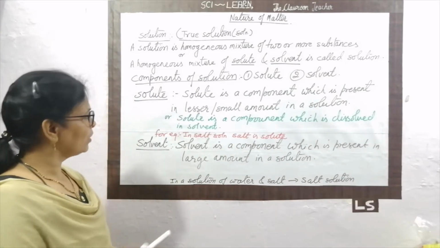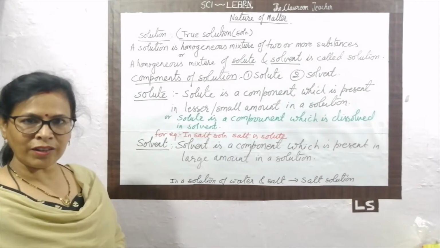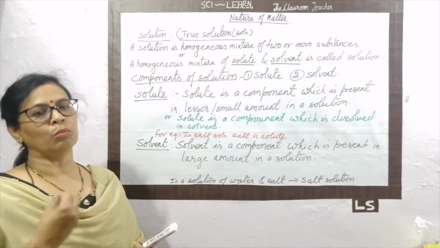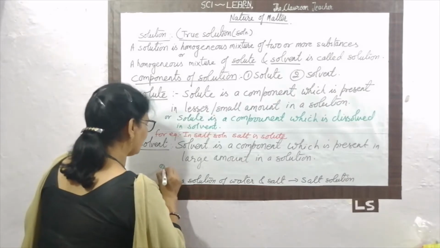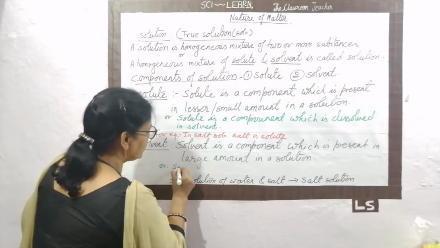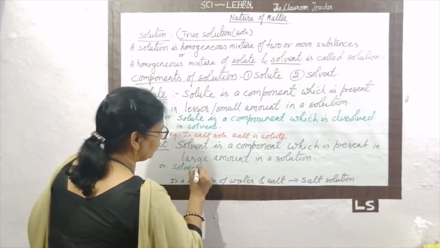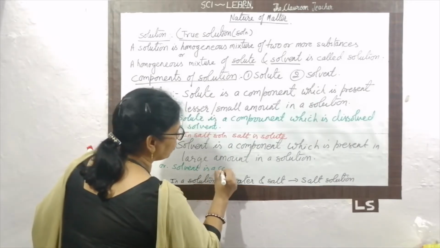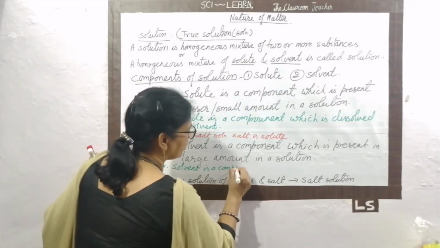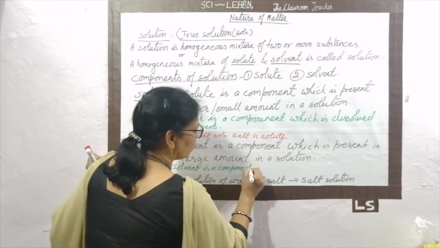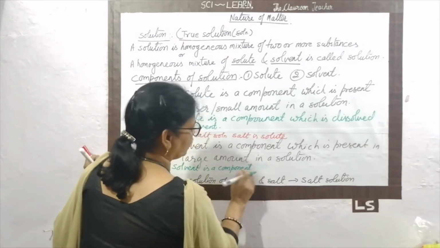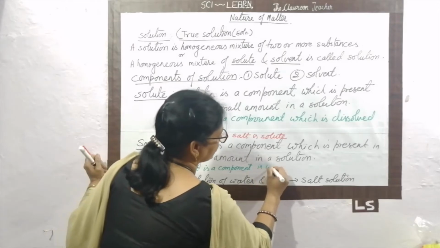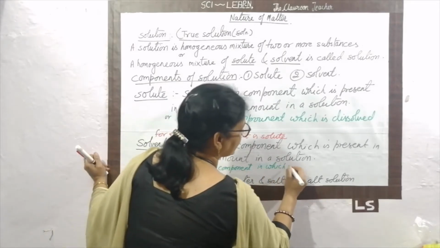Now what about the solvent? Solvent is the substance which is more in amount, or we are able to write like this also. Solvent is a component in which solute is dissolved.